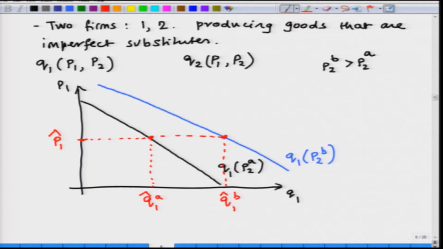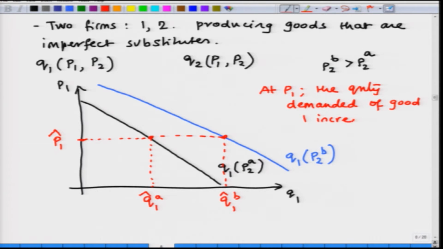So, in other words, as P2 increases, at a given P1 the quantity demanded of good 1 increases from Q1 hat A to Q1 hat B.